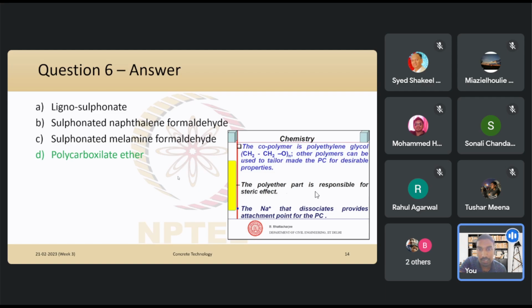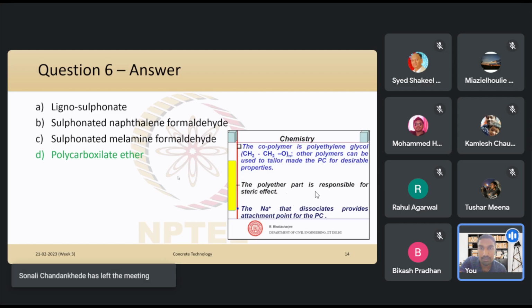That is what we call the steric effect, and that is shown by polycarboxylate ether. So that is the mechanism that we observe from polycarboxylate ether type water reducing agents. Therefore the right option is option D.